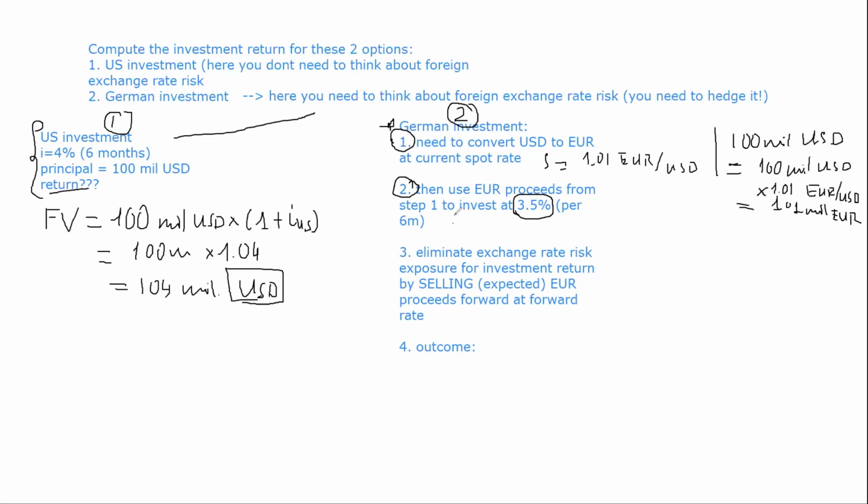if I invest 101 million euro at 3.5%, how much do I expect to get after 6 months?